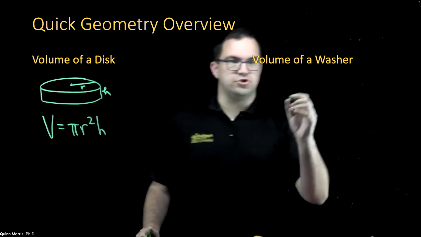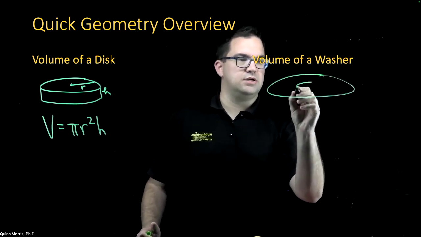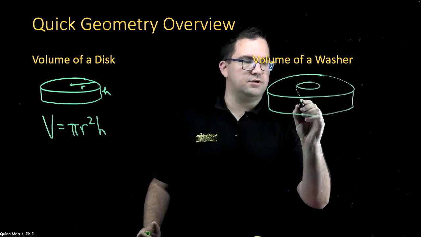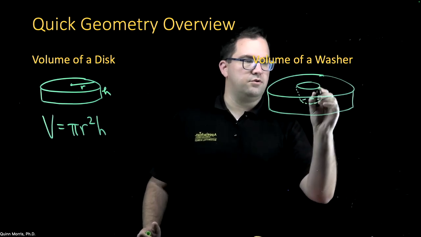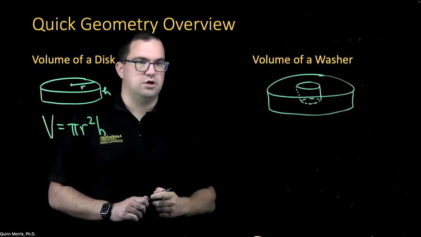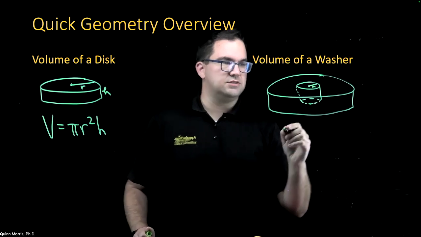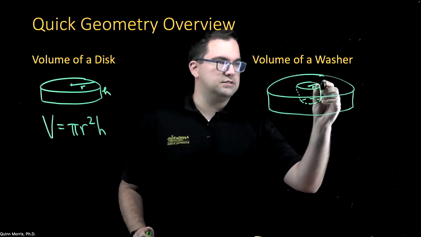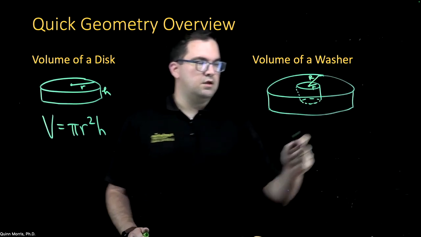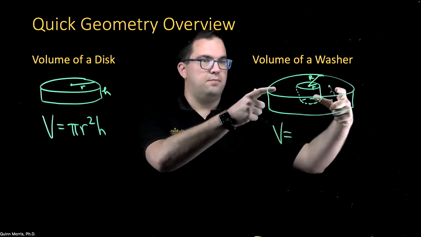If I have a washer, again, a washer fundamentally is just a cylinder with another cylinder removed. So you can imagine there's this hole sitting in this other cylinder. Here, I want to imagine I have some inside radius, little r, and then I have some outside radius, capital R. If I think about the volume of this, it ought to be the volume of the big cylinder.